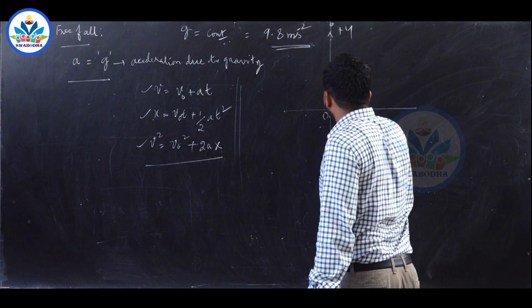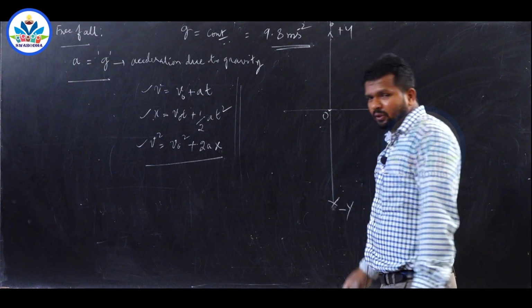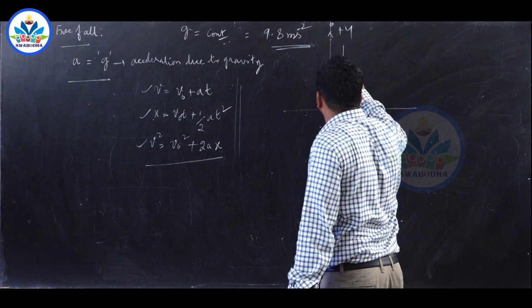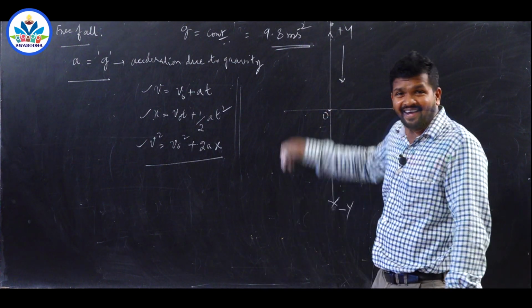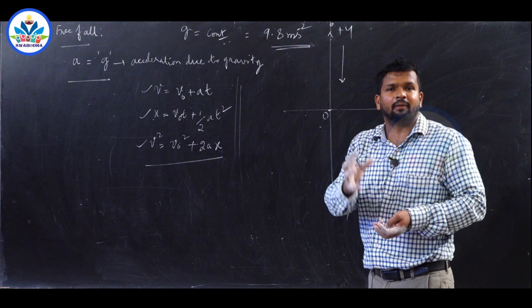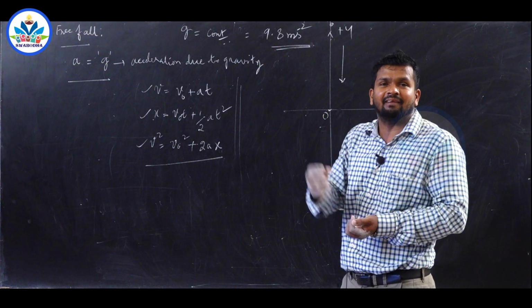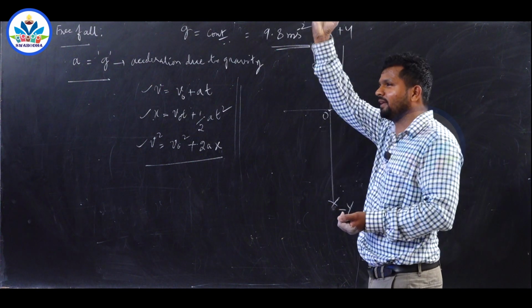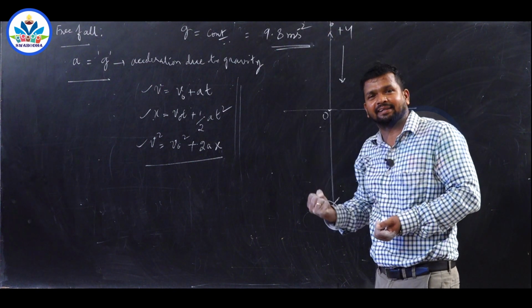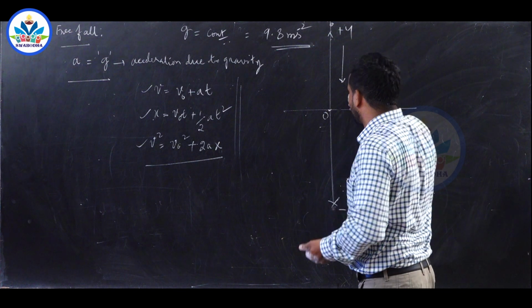Okay? Fine. So along the negative y direction, and acceleration will always be downwards, because the body will always be attracted by the gravitational force towards the earth. When a body is released from a certain height, it will be attracted towards the earth, meaning always downwards.